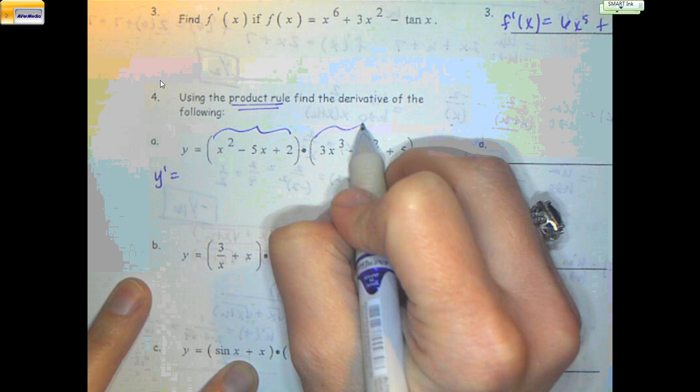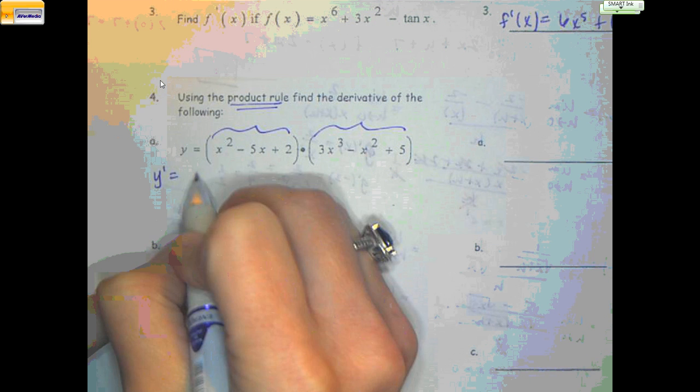Next one. It says use the product rule to find the derivative of the following. Because they've told us to use product rule, we don't have a choice. If you had a choice, maybe you might do it a little differently. Derivative. This is where we take the first function times the derivative of the second function plus the second function times the derivative of the first.